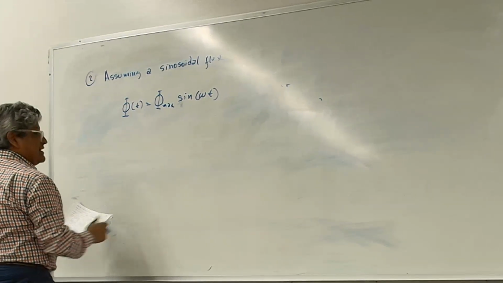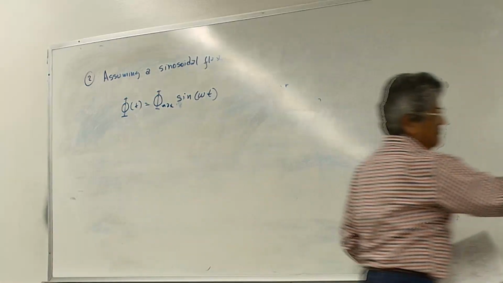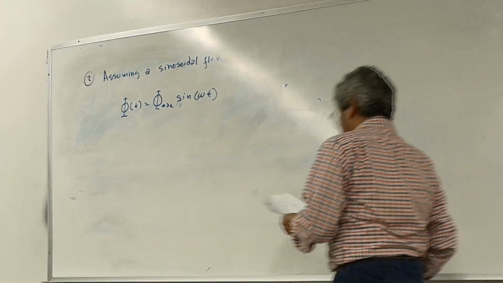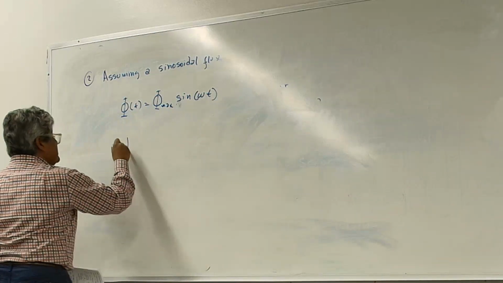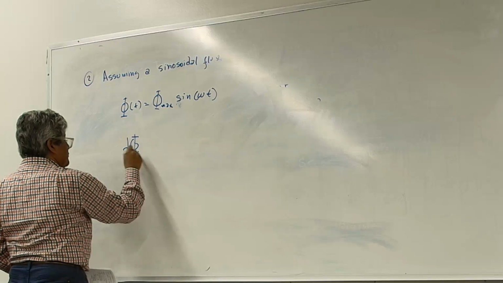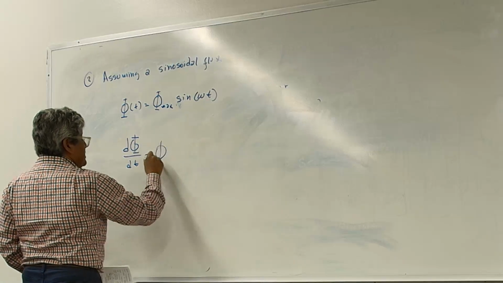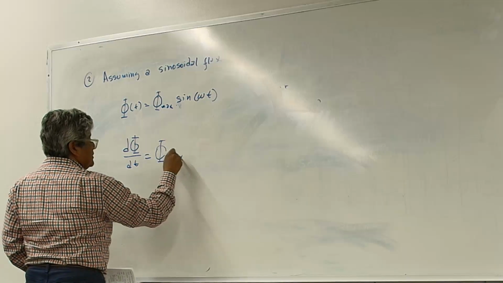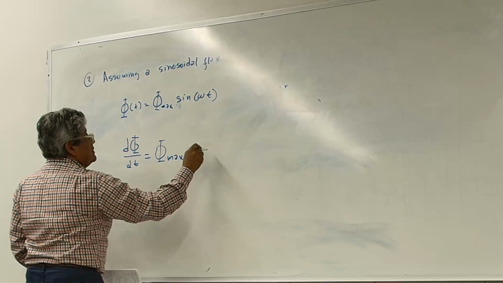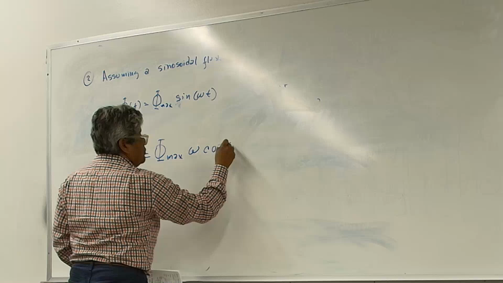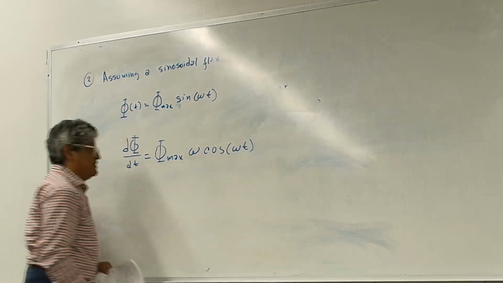So if I take the derivative, once again, of that with respect to time, d phi of t is equal to phi max omega cosine omega t, right? As a derivative.